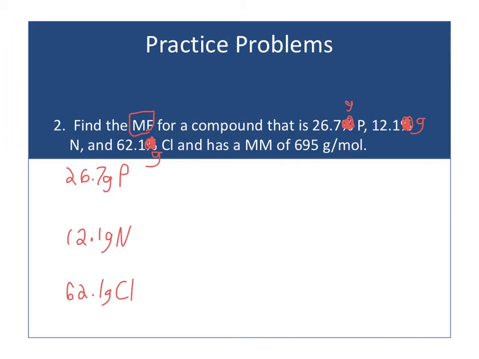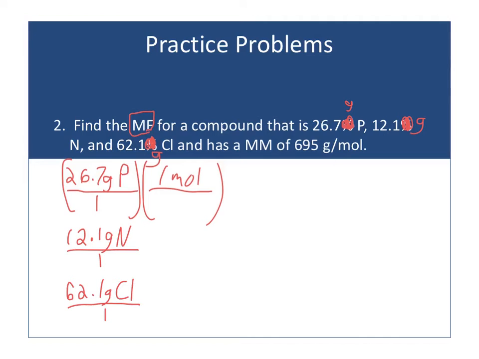I'm starting with grams, so I'm going to take those grams, put them over 1, and I'm going to do myself a little mole conversion. I need my periodic table. 1 mole of phosphorus is equal to 30.97 grams.